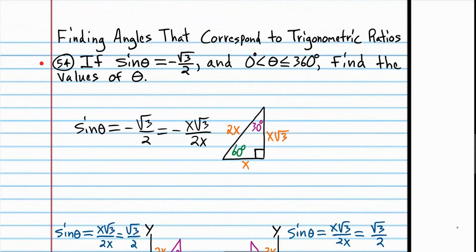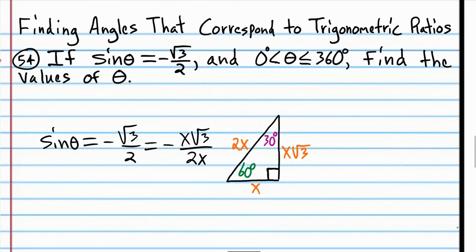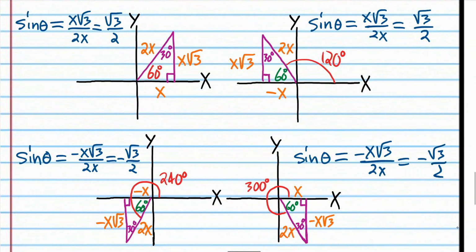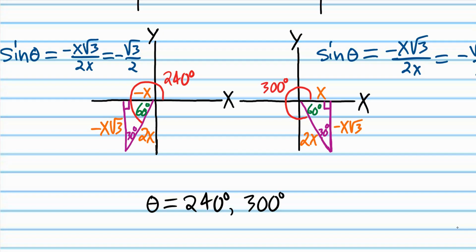We want to know what values produce negative root 3 over 2. So I can just keep finding coterminal angles that land in the third and fourth quadrant with reference angles of 60 degrees, and there's actually an infinite number of answers. There's an infinite number of solutions. I can have positive numbers, or if I rotate clockwise, I can have negative answers.